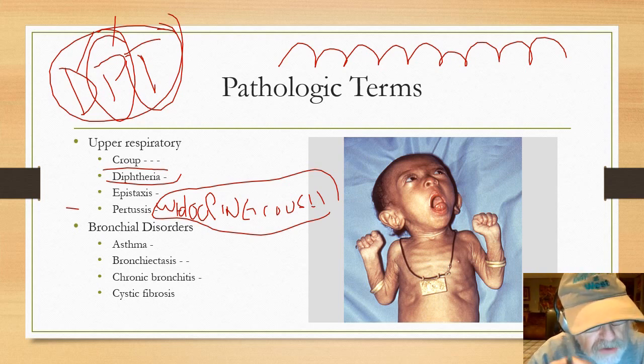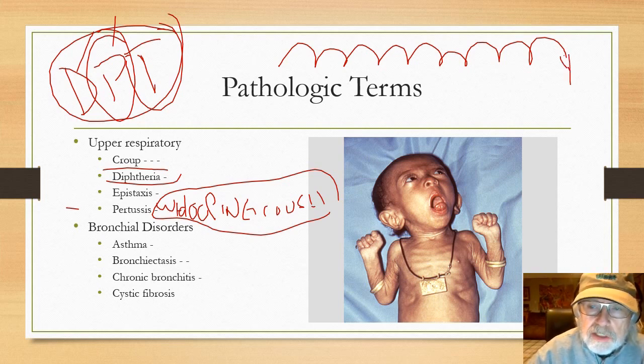Their blood oxygen starts to go down, and they can't breathe. And eventually, when they stop coughing, this is what happens, and it tells you why it's called whooping cough. They go cough, cough, cough, cough, and they take that big whoop at the end, and that's why they called it whooping cough.